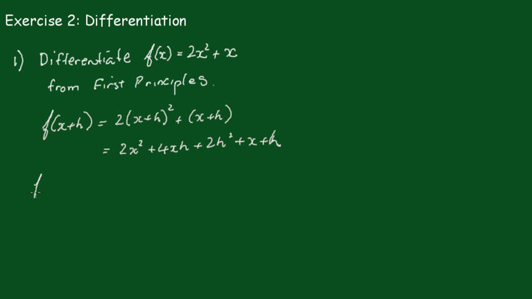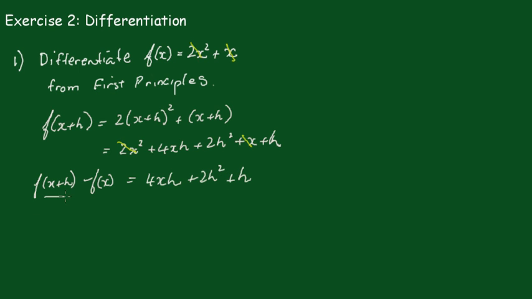Now, f(x + h) minus f(x) will be, all we need to do now is to get rid of this one and the x, and we get 4xh plus 2h squared plus h.